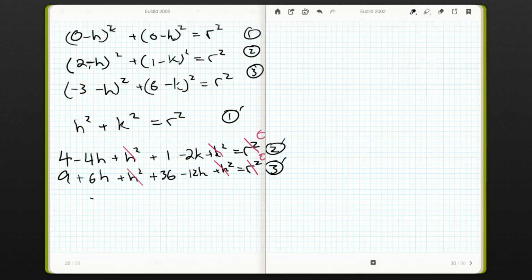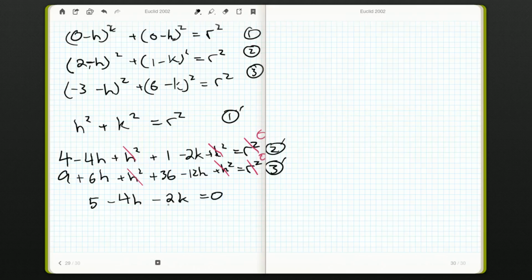The 4 and the 1 become a 5. 5 minus 4h minus 2k is equal to 0. 9 plus 36, that's 45. Plus 6h minus 12k is equal to 0. Now we have 2 equations in 2 unknowns, the h and the k that we want. So if we just solve these, figure out what h and k are, we're going to be all set.